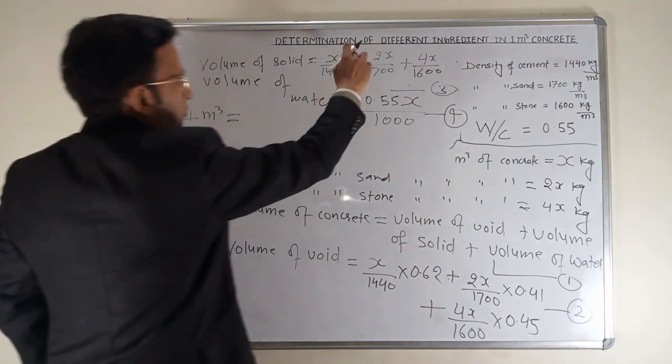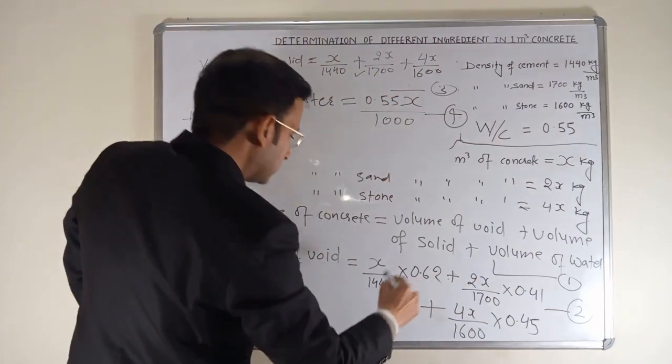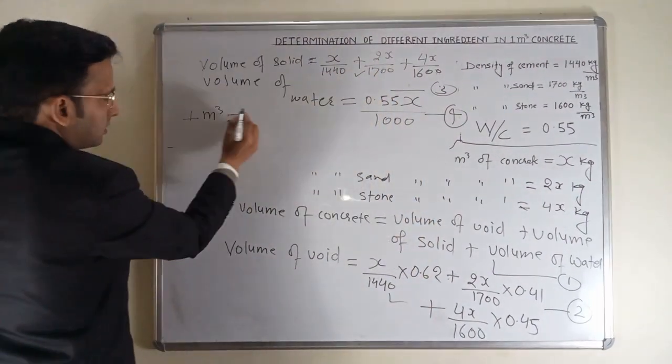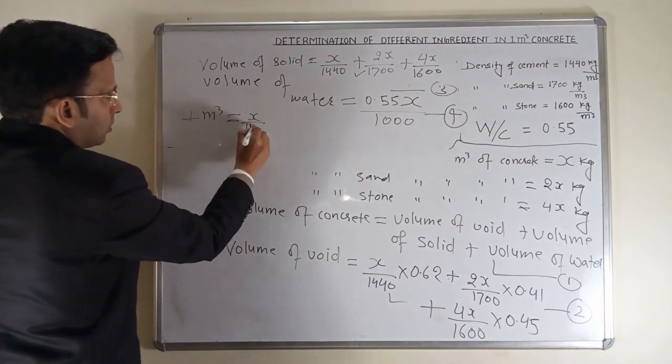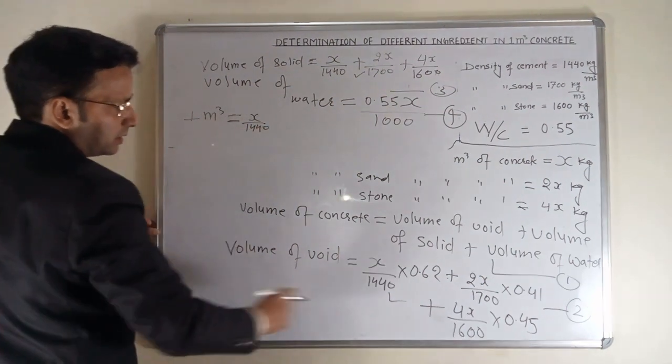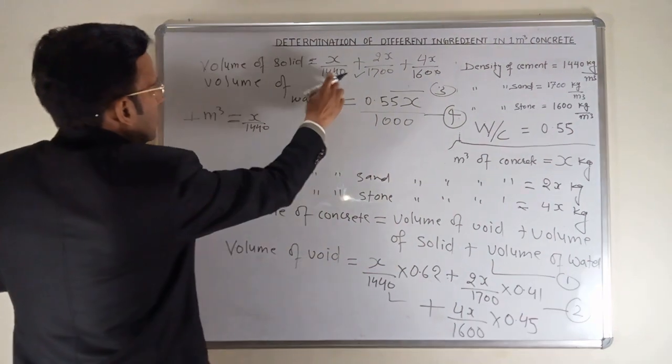So it becomes, if we add this and this, it is nothing but x upon 1440 and 0.62 and 1.